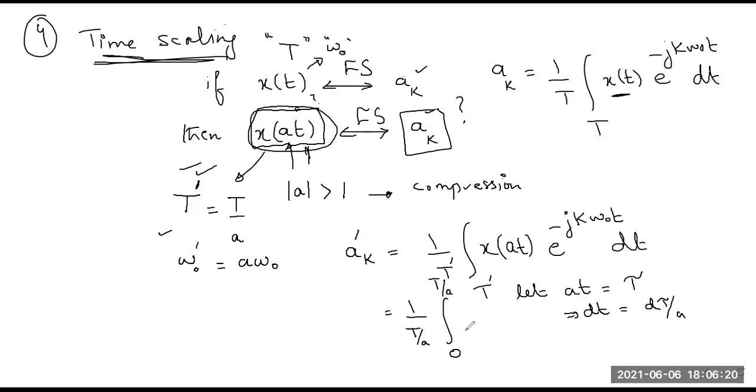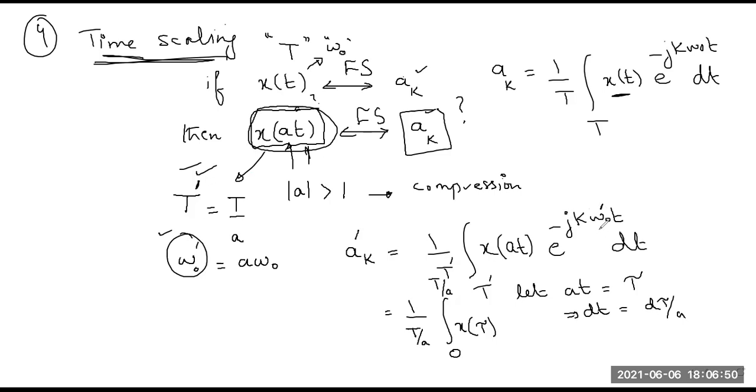Now x of at becomes x of tau. Omega naught is not correct here, omega naught dash is the fundamental frequency of this signal.